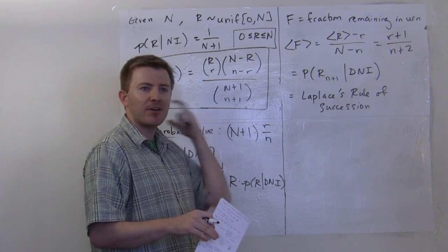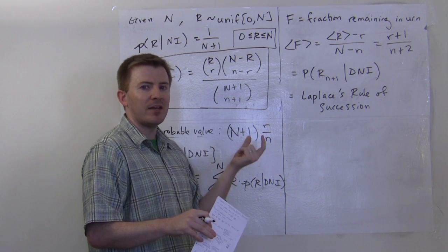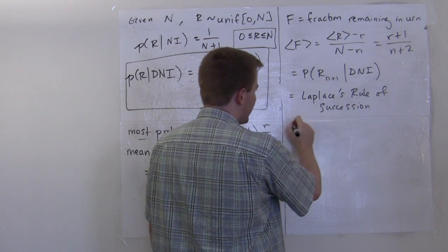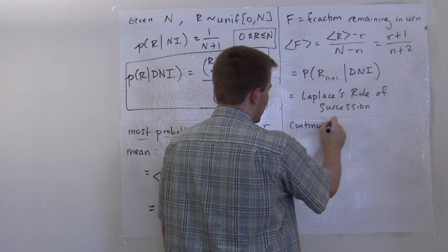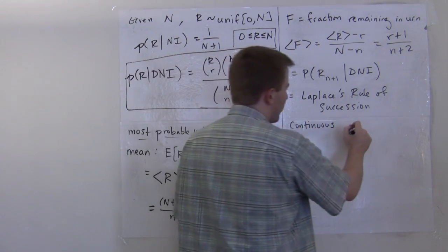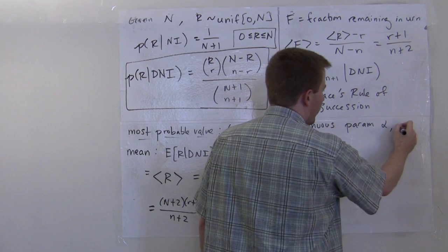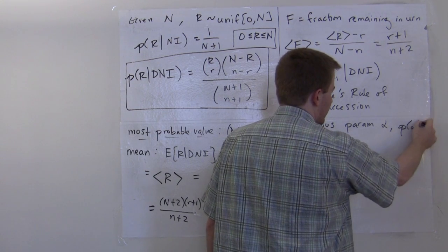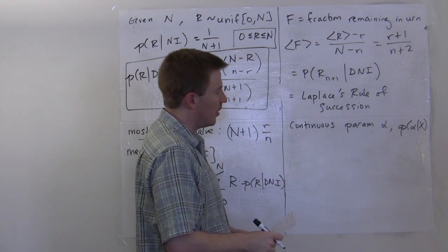If we have to pick one value, there are some canonical reasons why you might choose one summary value or another. What he talks about is, let's say for a continuous parameter, okay, so what would the continuous version of this be? Let's say for a parameter alpha, with a probability distribution, let's say p of alpha, and this is based on whatever information got us to the point of assigning its probability distribution.